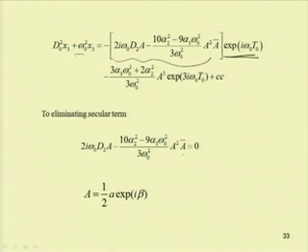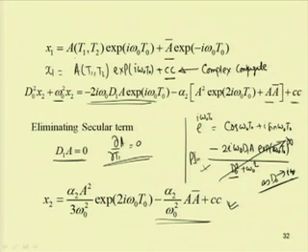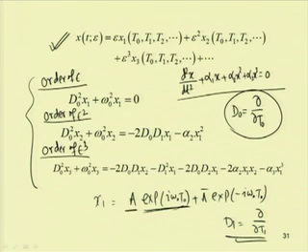Now we can assume the solution a equal to half a e to the power i beta, because when we assumed the solution of x 1 equal to a(T 1, T 2) e to the power i omega 0 T 0 plus a bar e to the power minus i omega 0 T 0, which was the solution of this equation D 0 square x 1 plus omega 0 square x 1 equal to 0, we should have two constants for this solution.